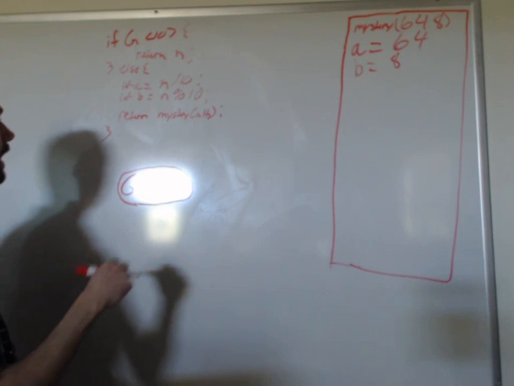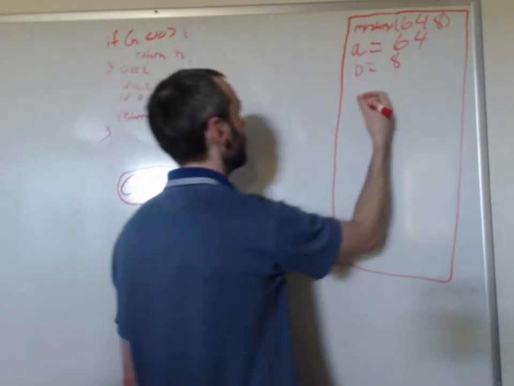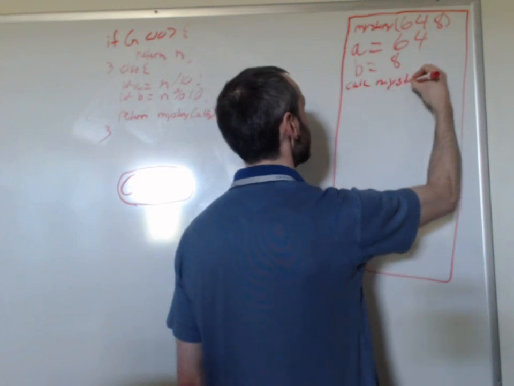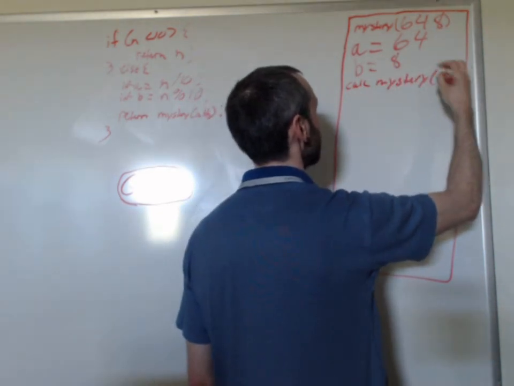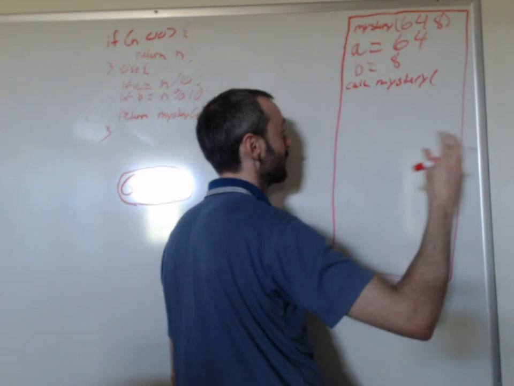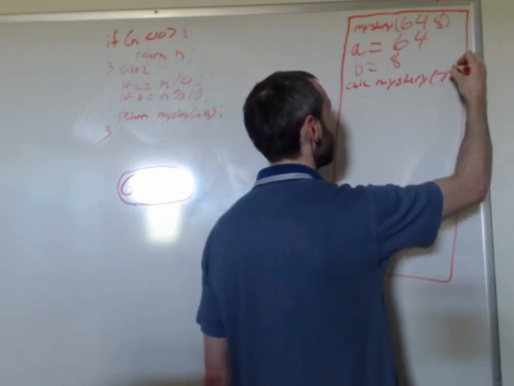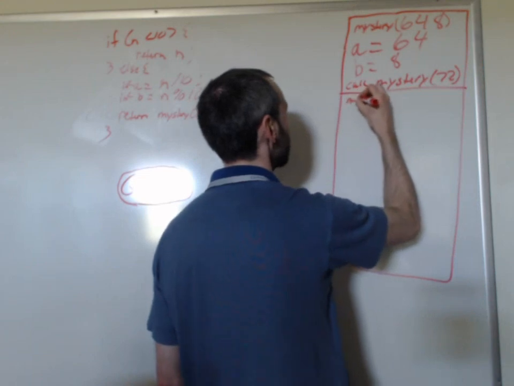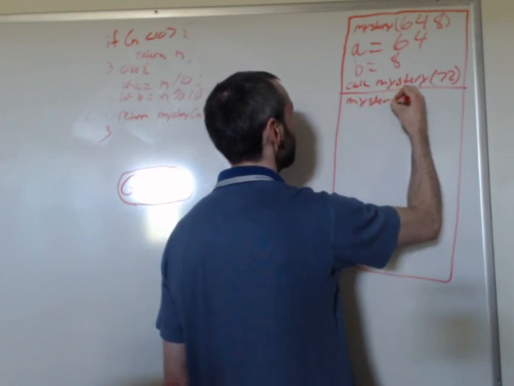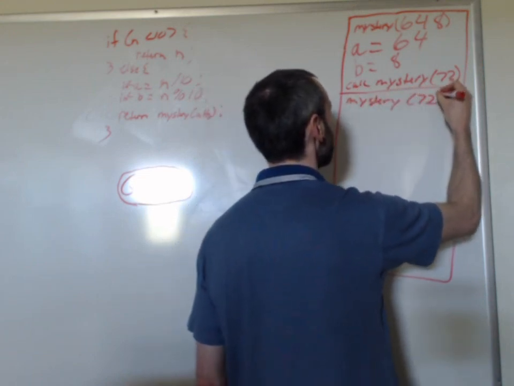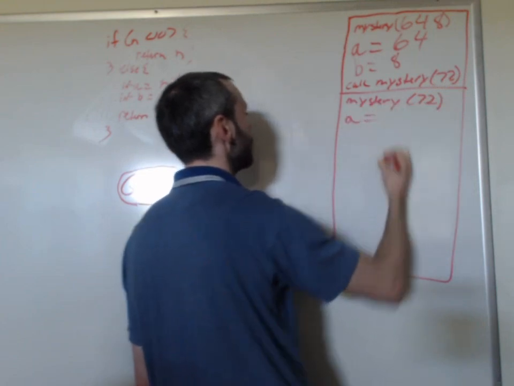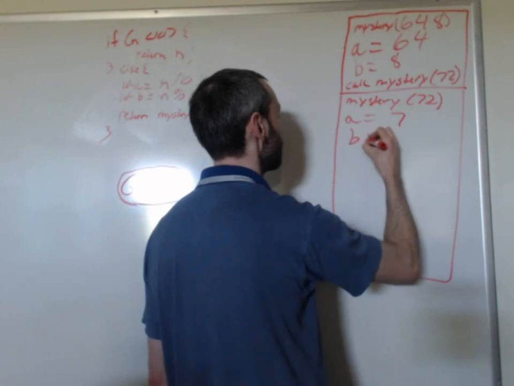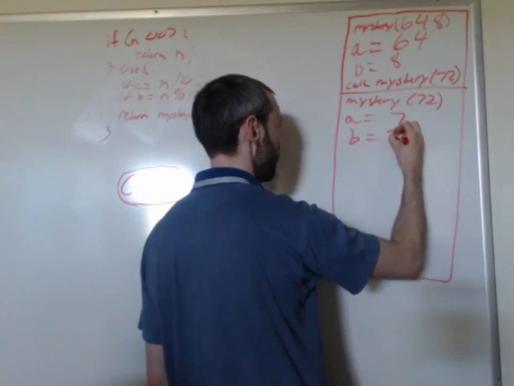What's it going to do now? Add them together and call mystery, right? So it's going to call mystery of 64 plus 8, which is 72. All right, so that's the end of that call. Now it's doing another call on the stack: mystery of 72. a equals 7, b equals 2.